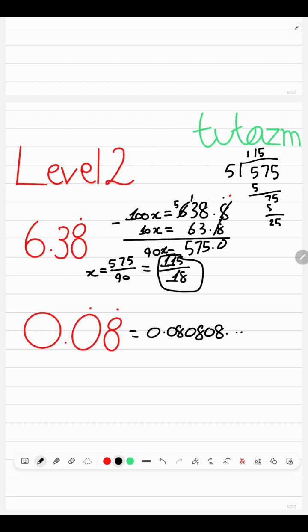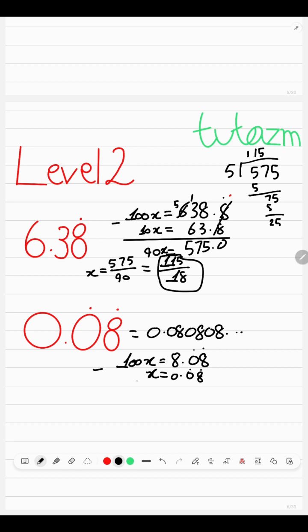So 100x is equal to 8.08 recurring, and then we can subtract x away from that. It's 0.08 recurring.